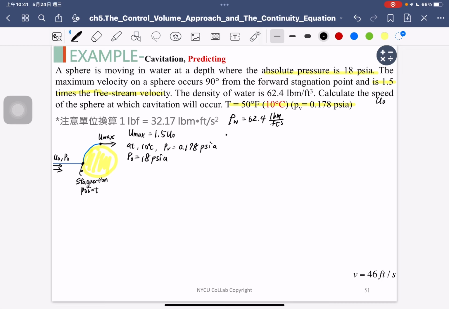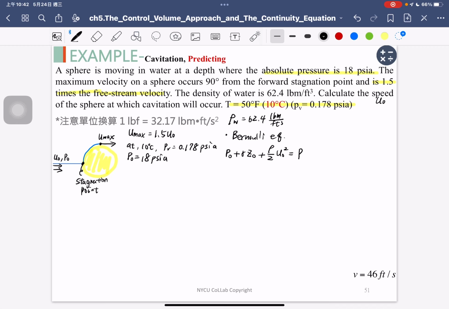So we have the Bernoulli equation: the pressure P0 plus gamma times elevation 0 plus rho over 2 U0 squared will equal the pressure at the maxima.